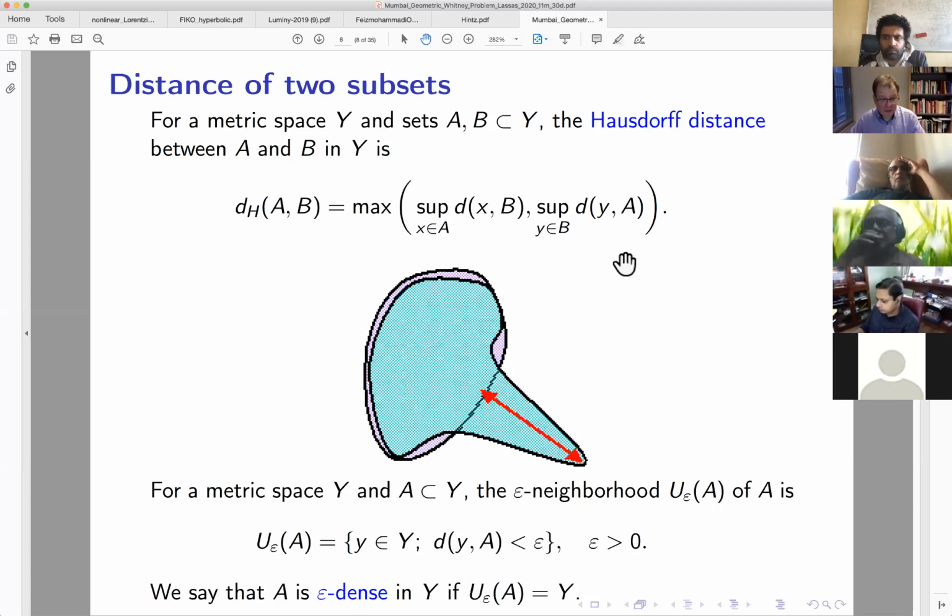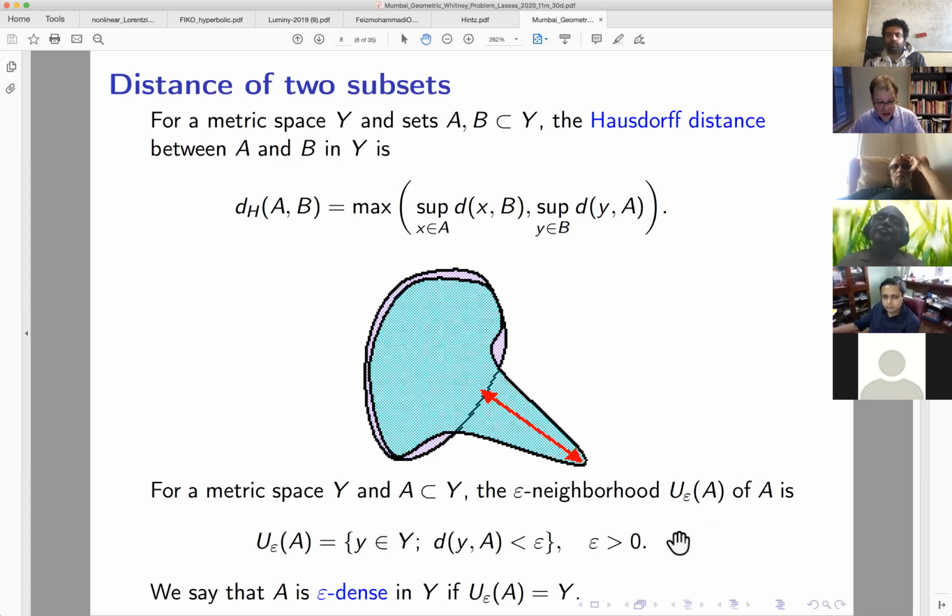This is how we measure the distances of sets. And when we have a metric space Y and subset A, we consider also epsilon neighborhoods of the set. So epsilon neighborhood of the set is defined here. It consists of all points of Y such that the distance of the point to set A is smaller than epsilon.